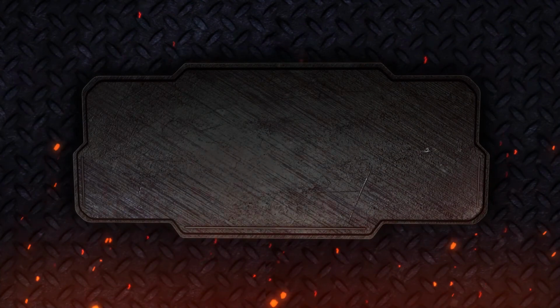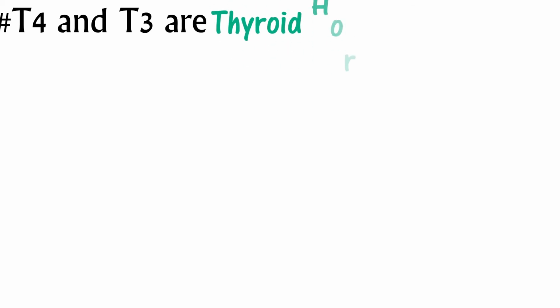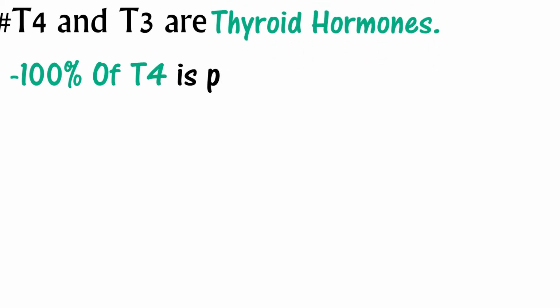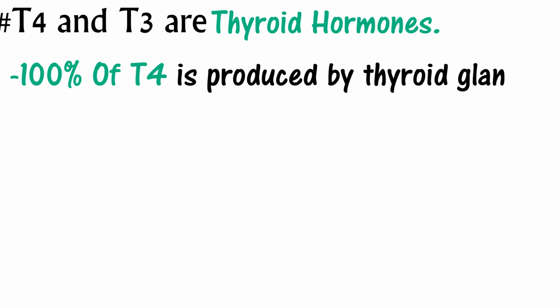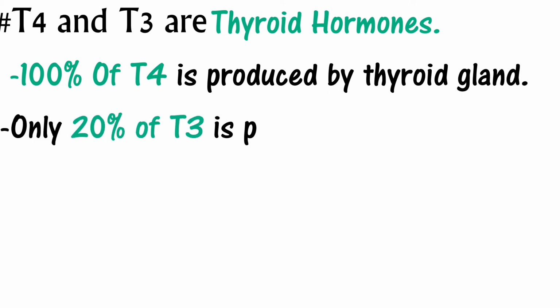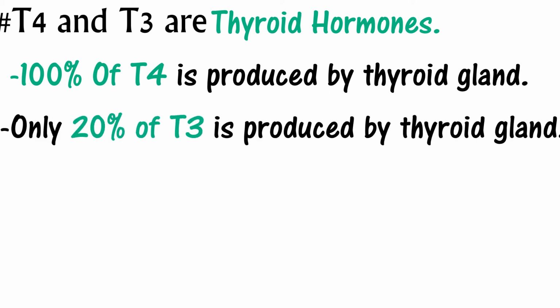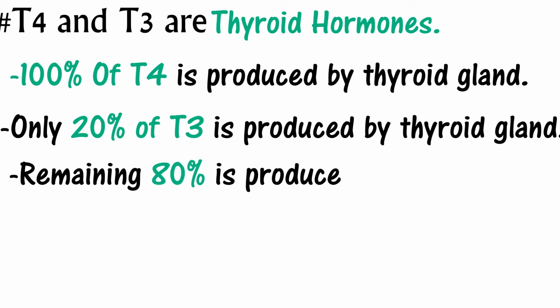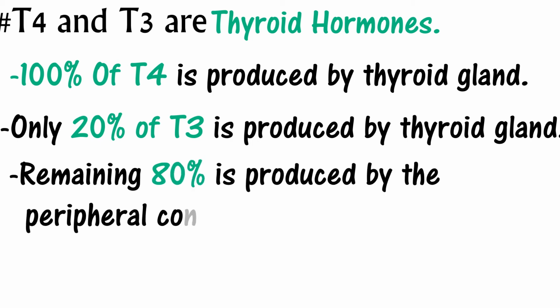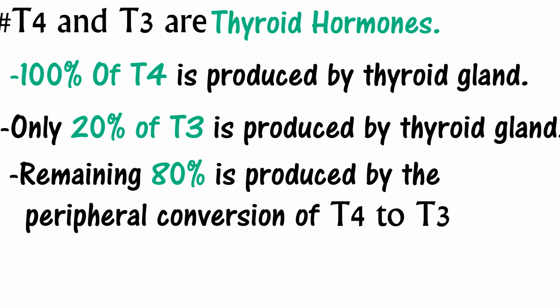Now let's talk about these two hormones, T4 and T3. Both T4 and T3 are thyroid hormones. 100% of T4 is produced by the thyroid gland, while only 20% of T3 is produced by the gland, and the remaining 80% is produced by the peripheral conversion of T4 to T3 through deiodination.